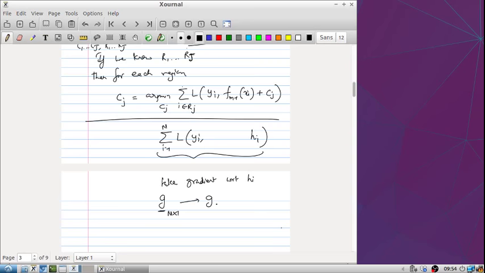The ith term of g is equal to the gradient of L. There are n terms, but the ith coordinate corresponds to only one of them, which involves just hi. So we take the gradient of L of yi comma hi with respect to hi, and I'm going to evaluate hi at f m minus 1.